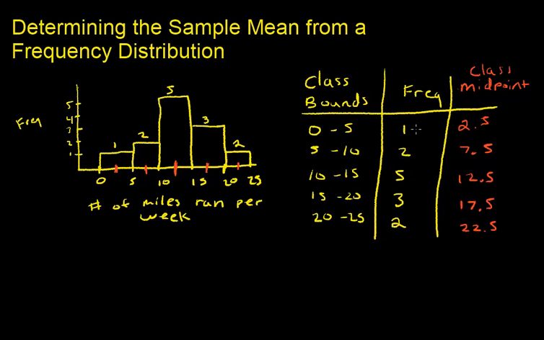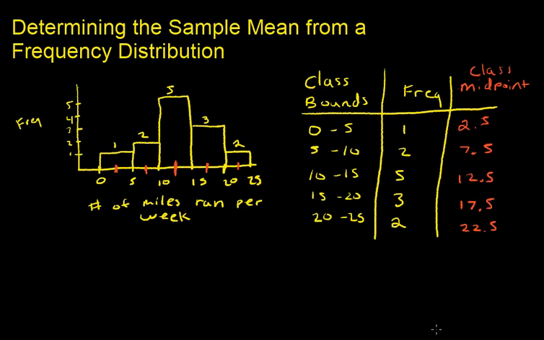Now I have one observation that ran 2.5 miles, 2 observations that ran 7.5 miles.